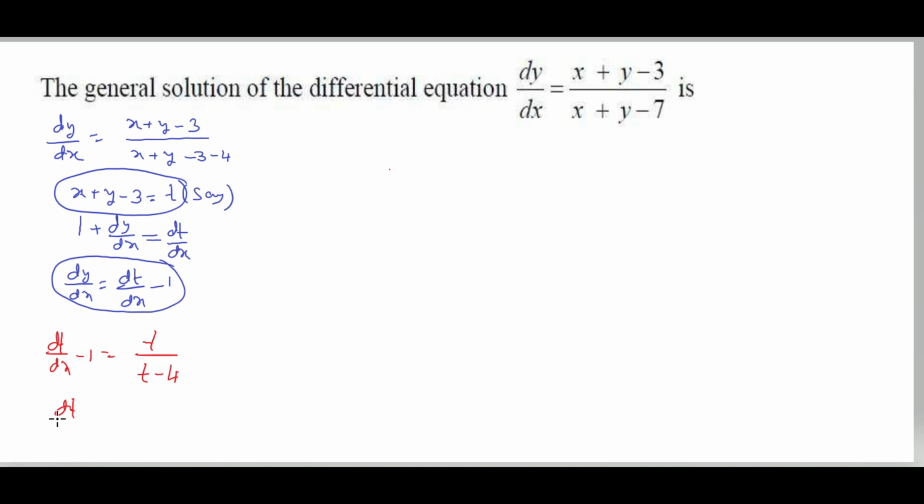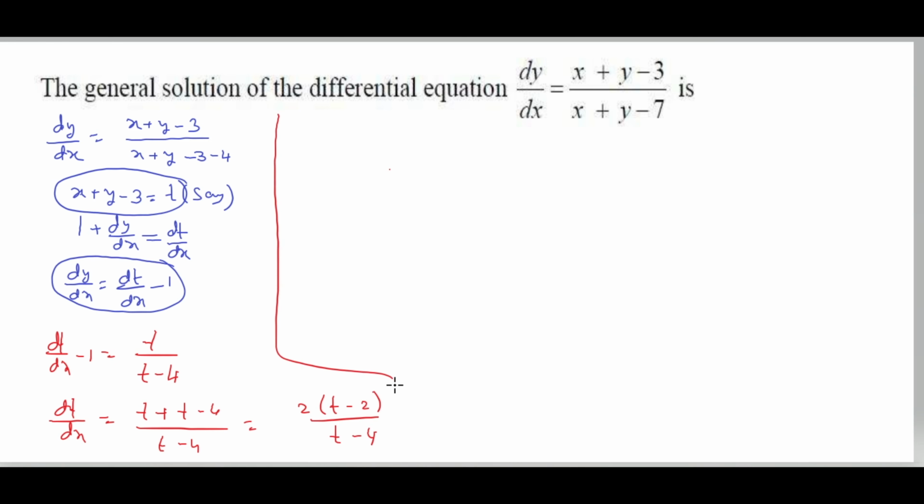From this dt by dx is equal to t plus t minus 4 by t minus 4, that is t plus t, 2t minus 4, taking 2 common, that is 2 into t minus 2 by t minus 4. Now the problem is in the variable separable method. Taking cross multiplication, t minus 4 by t minus 2 into dt is equal to 2 dx.